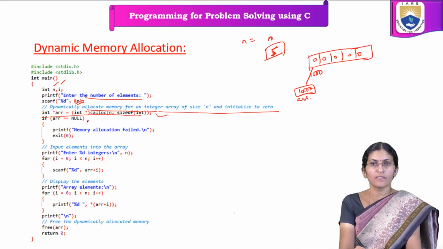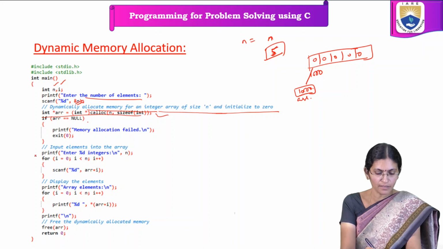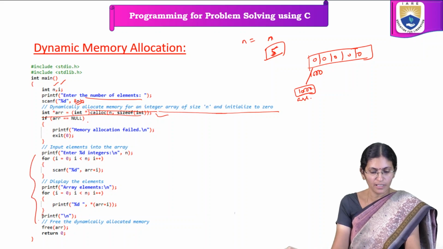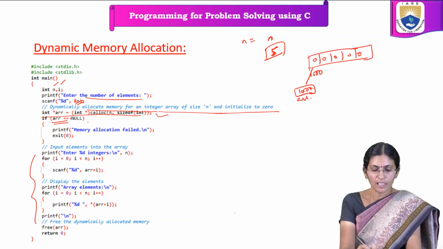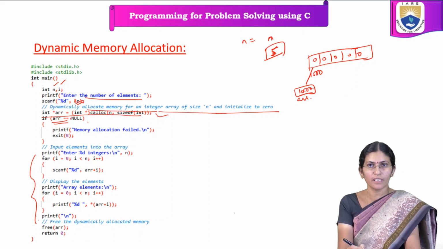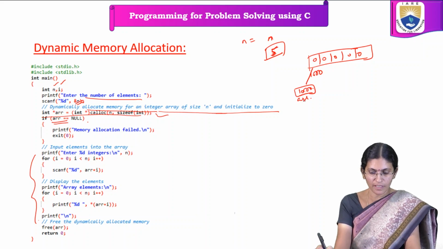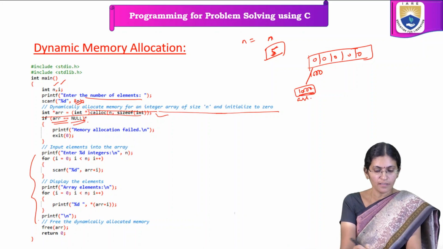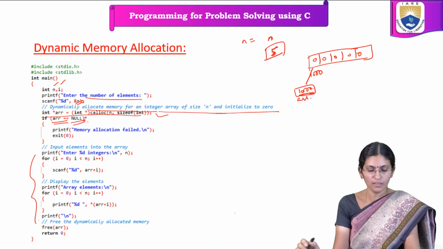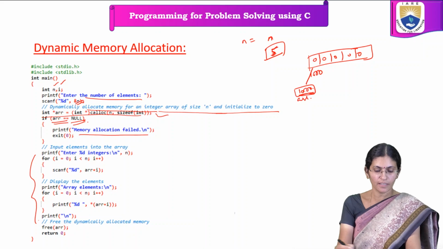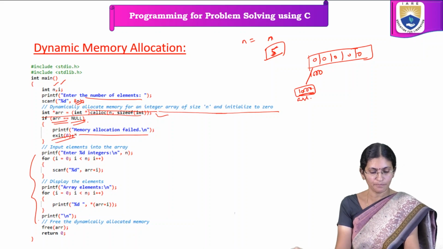If the memory is allocated successfully, then these statements will be executed. If the memory is not allocated successfully, that means if arr contains address 0, or null, meaning the pointer is pointing to null, then memory allocation has failed and the program is exited.